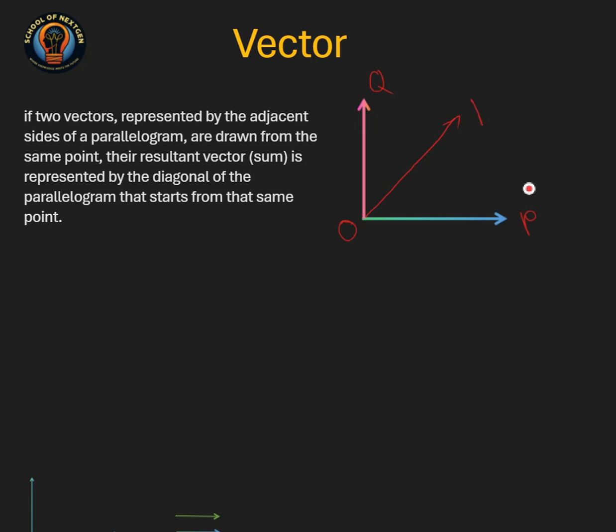Let's say the resultant is R. By the parallelogram theorem we can write down the equation: R is equal to, say this is P vector, so P square plus Q square plus 2PQ cos alpha, and this alpha is the angle in between P and Q. So this is the alpha.